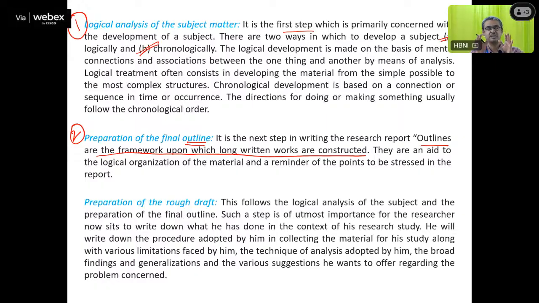That you do in case of journals as well, journal articles. You do in case of poster presentation in symposium. You do in case of slides during your presentation or your annual viva. So you make an outline. For a research thesis also you have to first make an outline of how you will go about it.